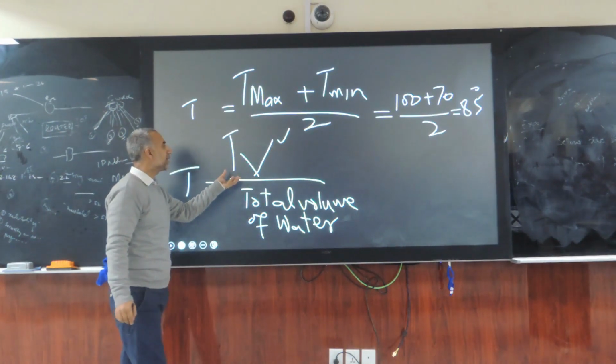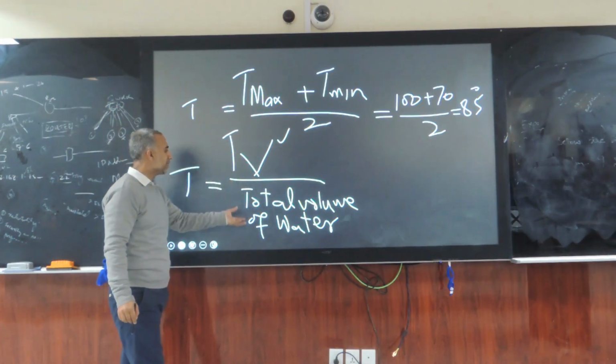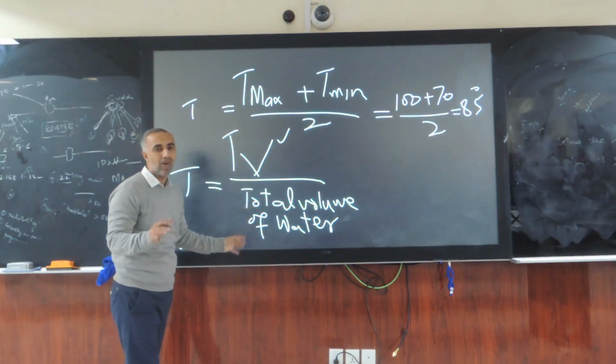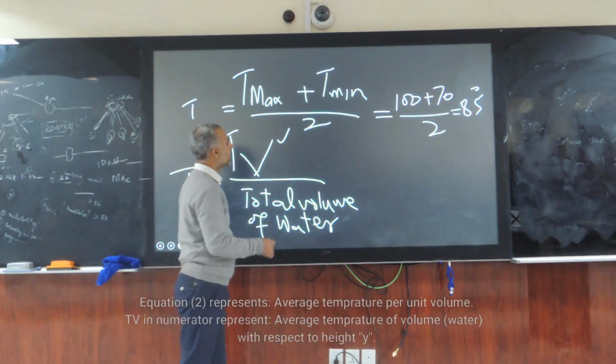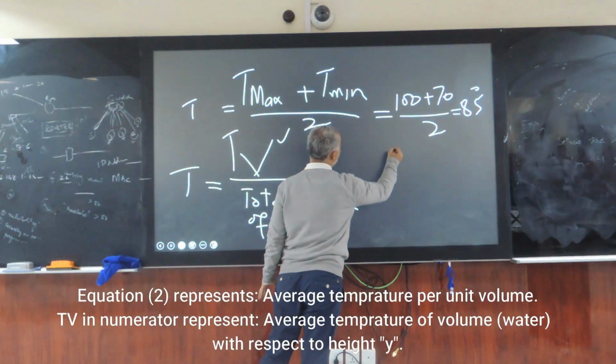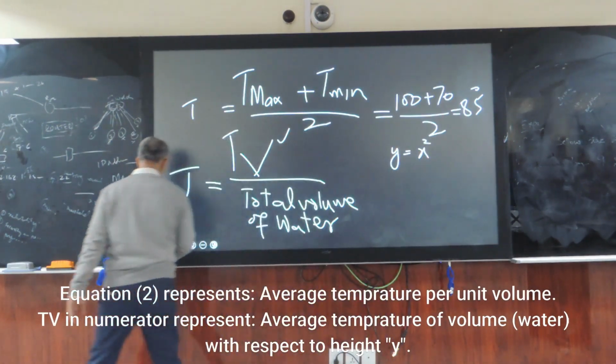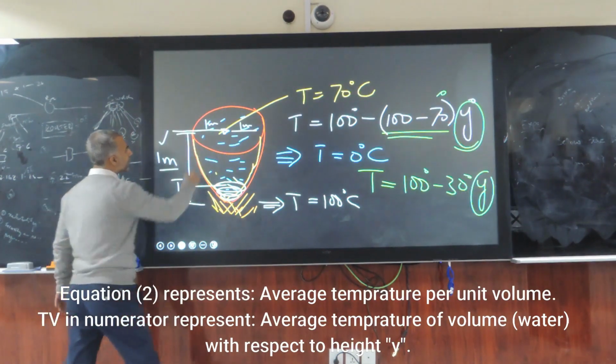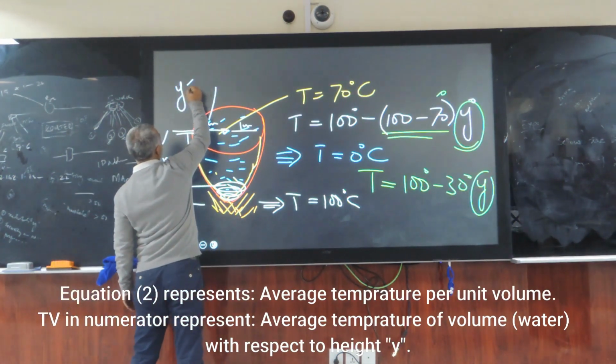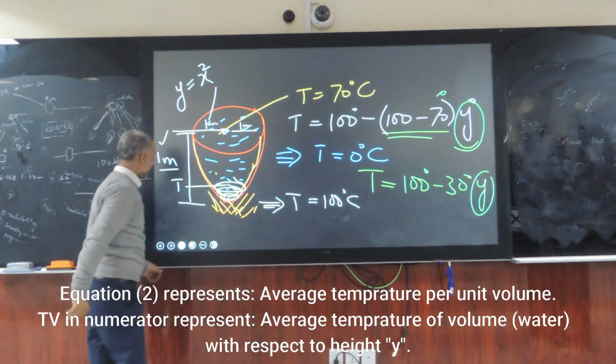In the numerator it's the product of temperature and volume. In the denominator it is only the volume of water in that bowl, the parabolic nature of the bowl, which is following y equal to x square. Remember, it is following y equal to x square.